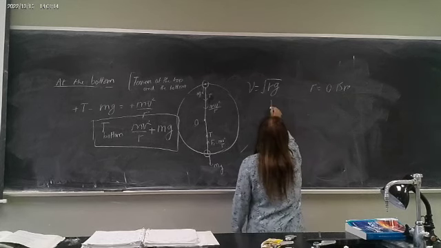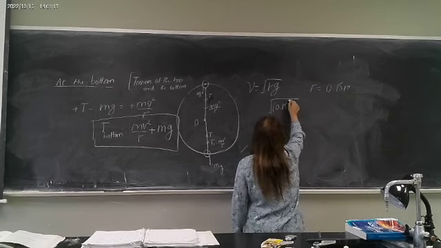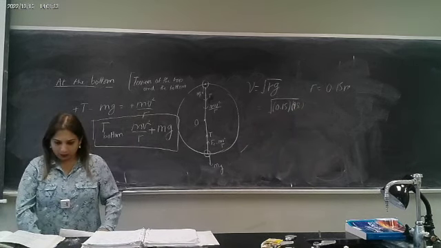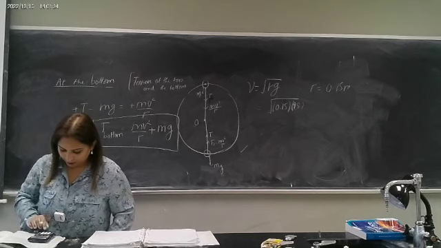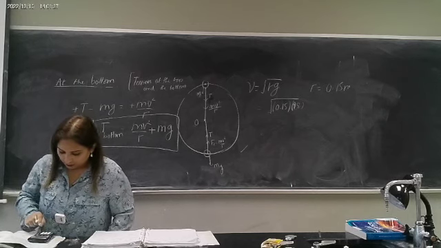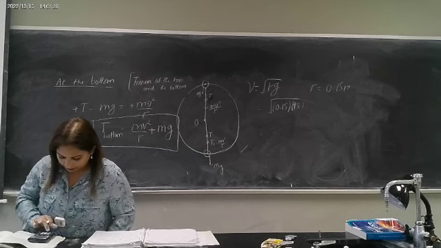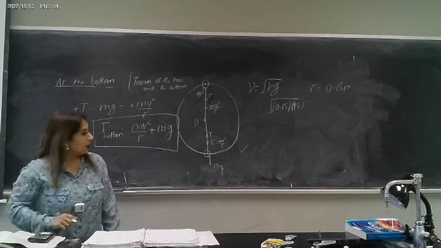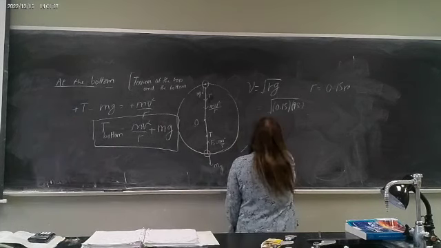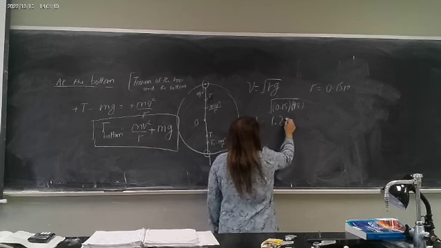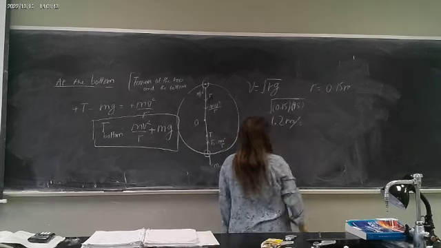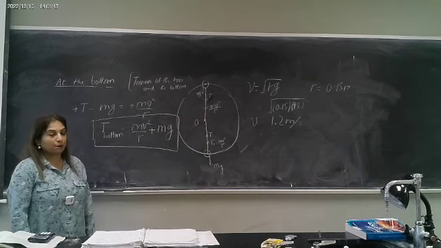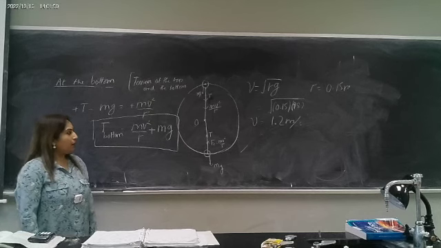By plugging that in, we get 0.15 times 9.8, and then square root it. It gives me 1.2 meters per second. If the tension is 0, that must be the speed of the stone at the top.